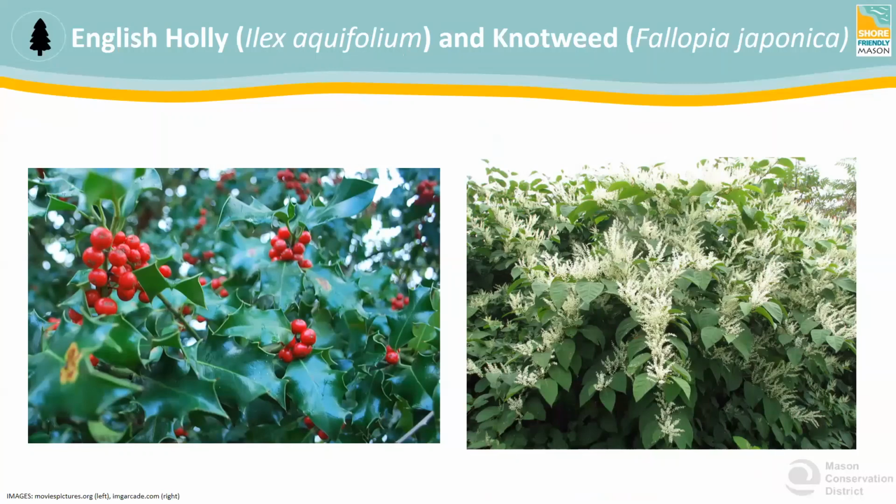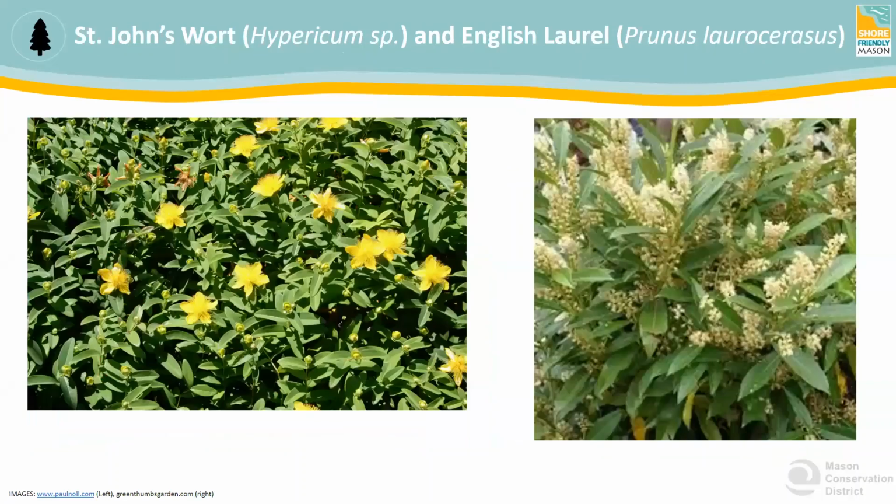And then on the right here, this is knotweed, and we have an active knotweed control team at our office. So if you have that problem, let us know and we'll try to get you some help with that. St. John's wort and English laurel are also kind of fast-growing non-natives that can reduce habitat benefits on properties.